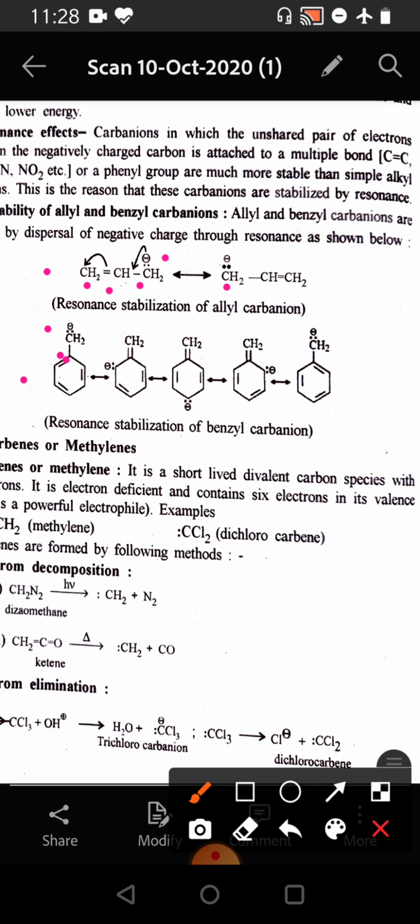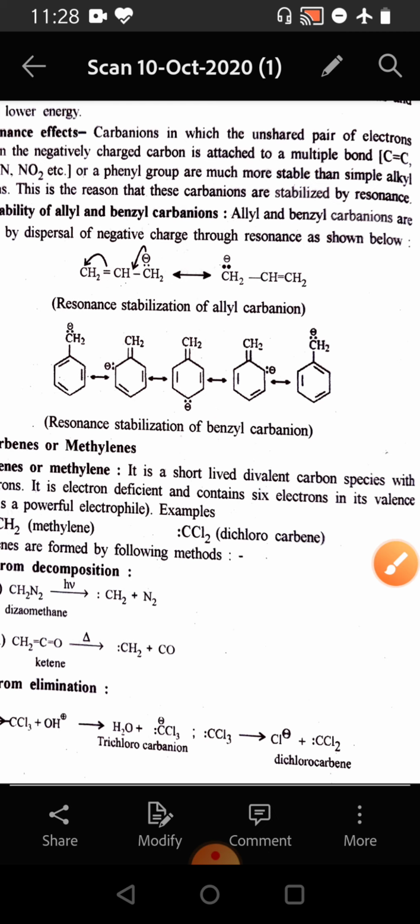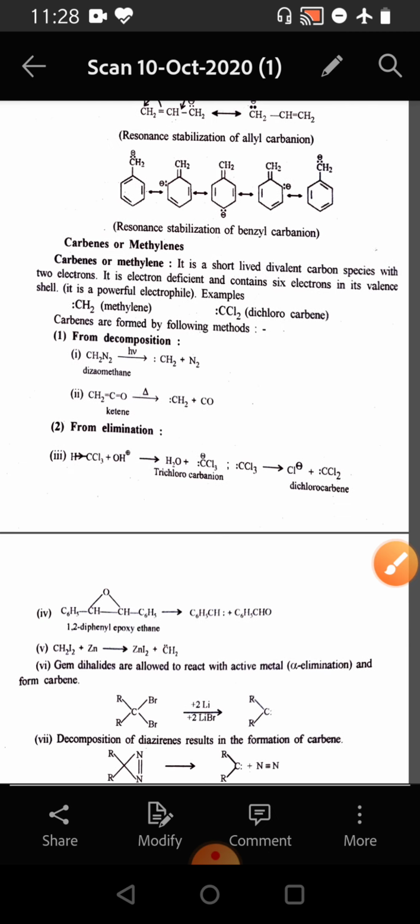So this double bond shifts on this carbon atom, forming a negative charge, and this negative charge which has been developed within the ring migrates within the ring, forming different resonating structures, because the negative charges are at different positions and hence resonating structures are formed.